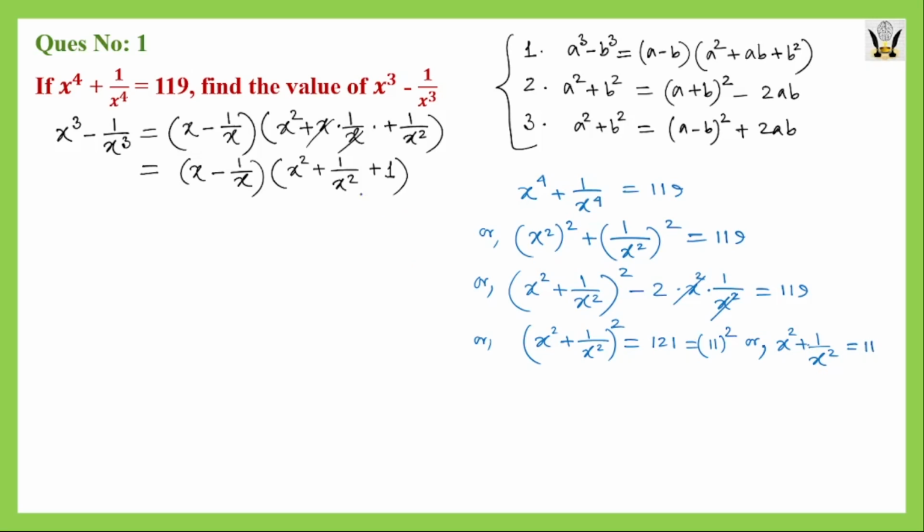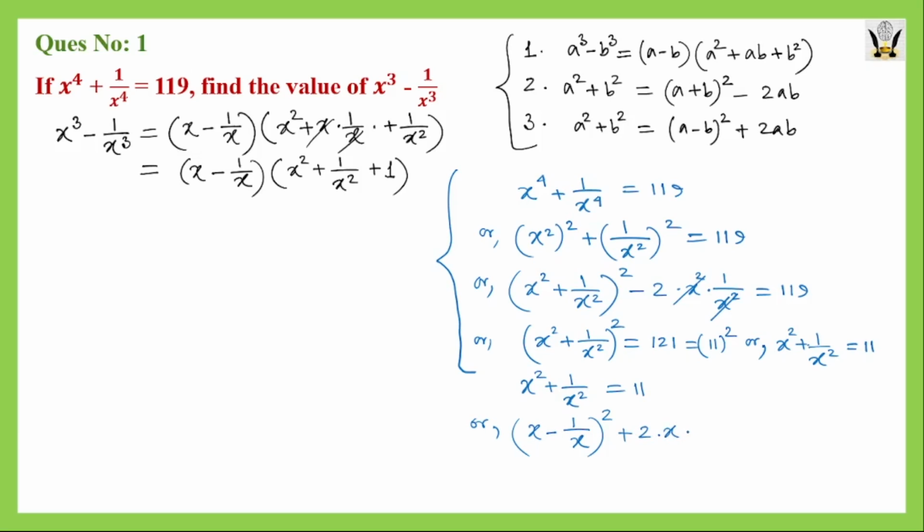Now this value we have already obtained, but still we need to find the value of x minus 1 by x, and for that we will be using the third identity. So at the end of the previous calculation, we have obtained that x square plus 1 by x square is equal to 11. Now if we fit this with the third identity, a square plus b square, and write it in the a minus b whole square format, then it will be x minus 1 by x whole square plus 2ab.